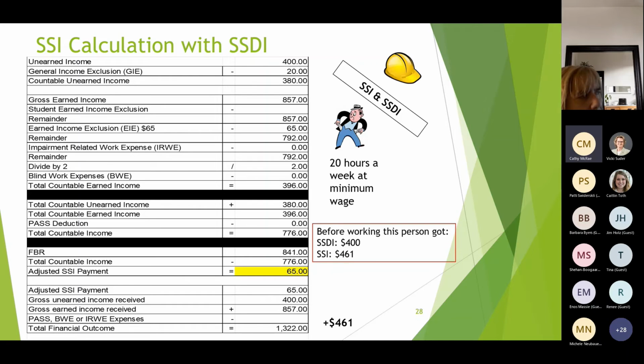So at the end of any calendar month, not 30 days, but the actual 30th or the 31st of the month, they're going to look at what your bank account is at that point. And if you have more than $2,000 in the account at that time, then that'll be counted as a resource. So if you were able to, for the individual, turn that around within a calendar month, then it would not be counted as a resource.